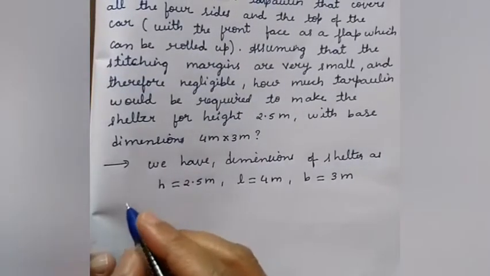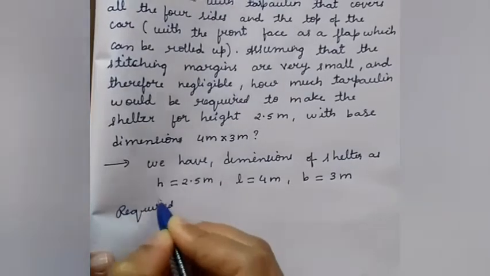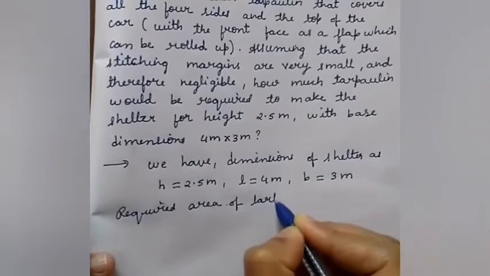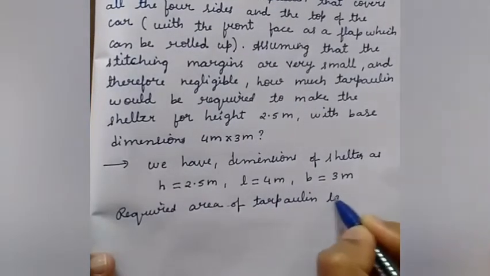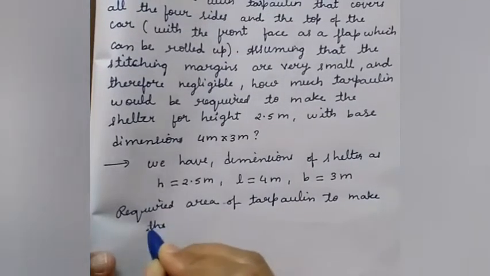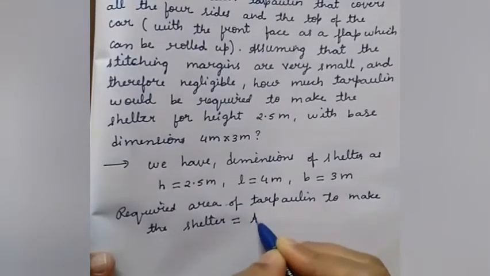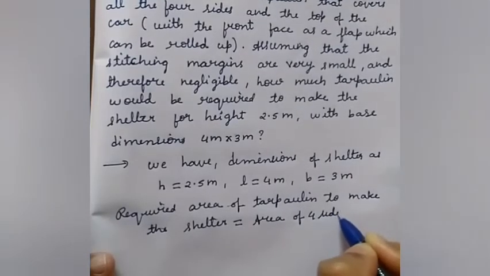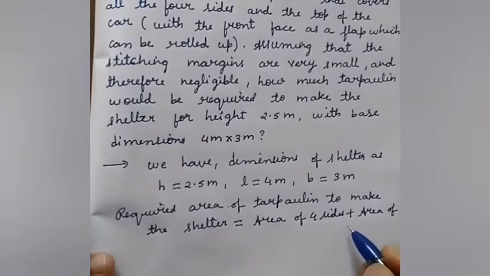Now the required area of tarpaulin to make the shelter is equal to area of 4 sides plus area of ceiling.